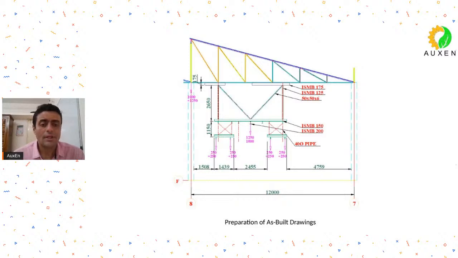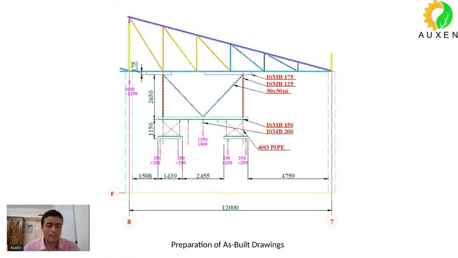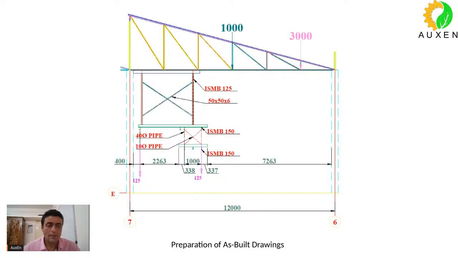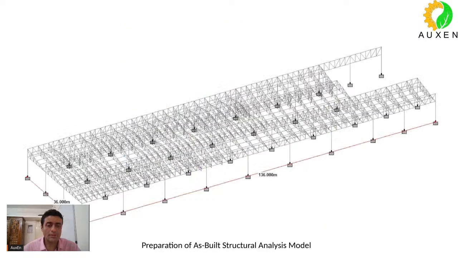And we tried to note down the loads suspended from each and every point. So whatever you see is in kg units. So if you see 1250, that means 125 kg load is suspended from this point, and so on. So we did this preparation of as-built drawings. Okay, so this is still preparation of as-built drawings.